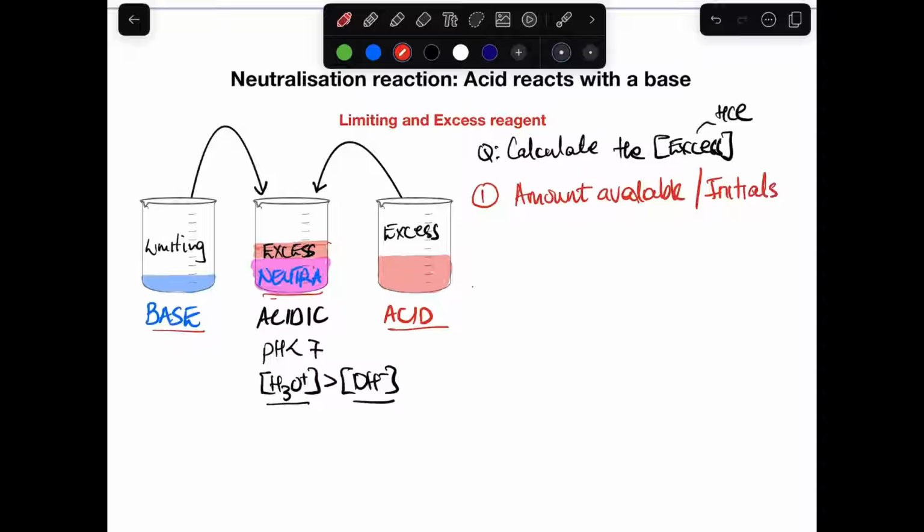Those are the initials. So the amounts available need to be in what?